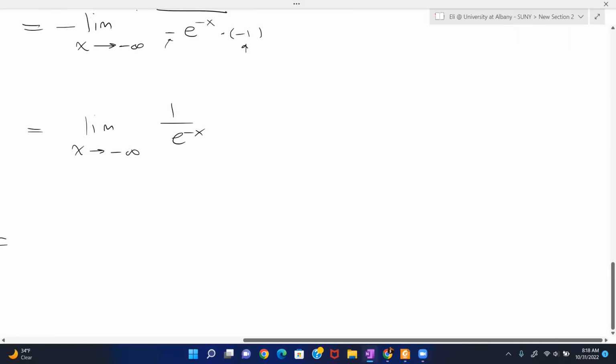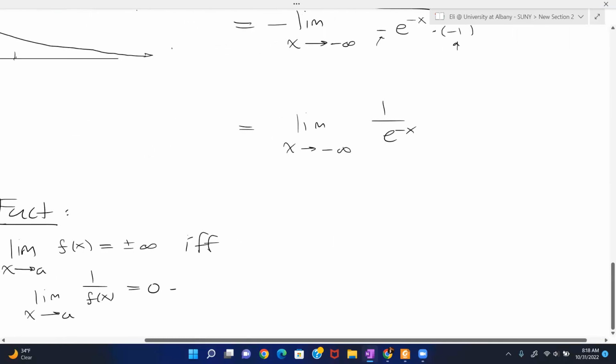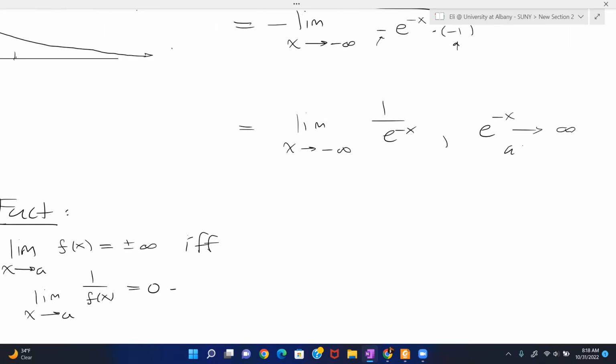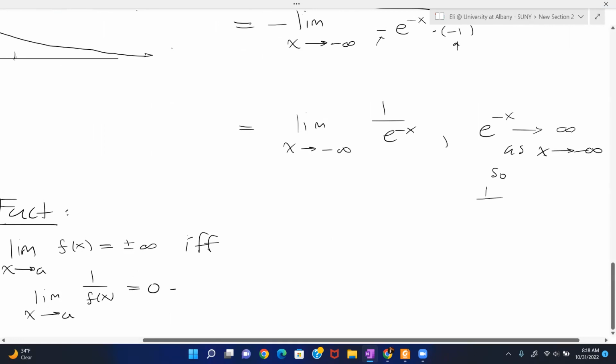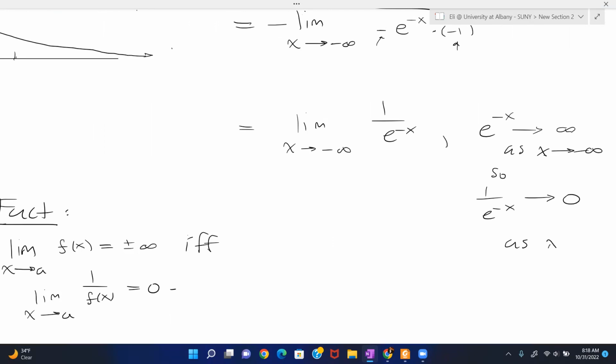So in our case, we know that e to the negative x approaches infinity as x approaches negative infinity. So that means that 1 over e to the negative x approaches 0 as x approaches negative infinity.